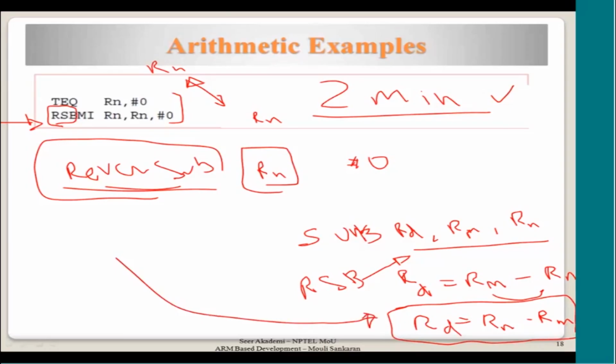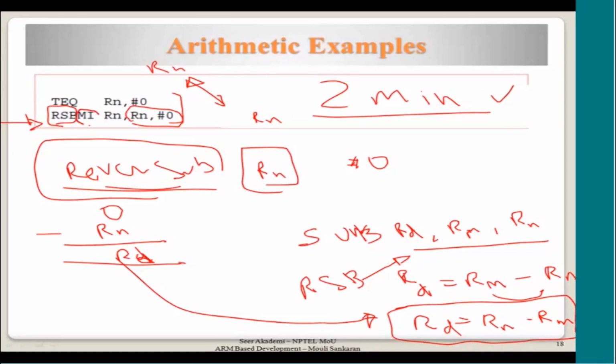Now you tell me what is happening here. Subtraction is happening between an immediate value 0 and Rn. A normal subtract would have been Rn minus 0, but here it is 0 minus Rn, and then the result goes to Rd. Now on what condition?